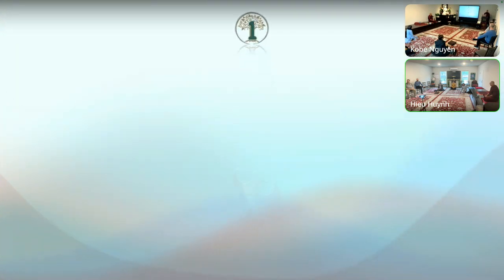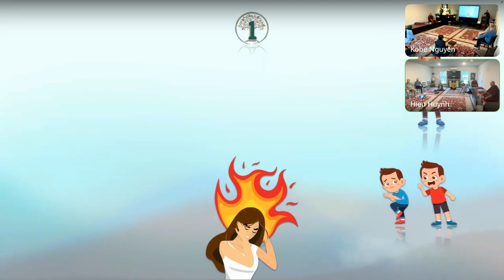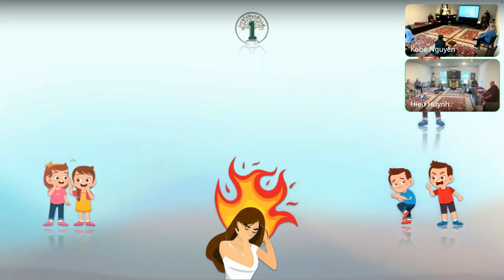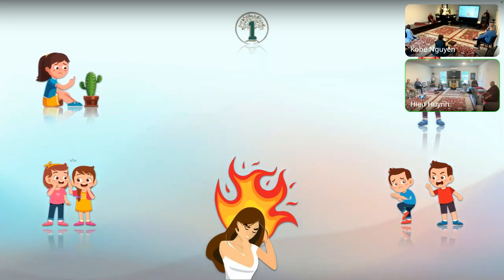In the Anguttara Nikaya, the collection of numerical discourses, the Buddha gave us 10 grounds for resentment, 10 reasons for getting angry. So what are the 10? There are 3 groups.